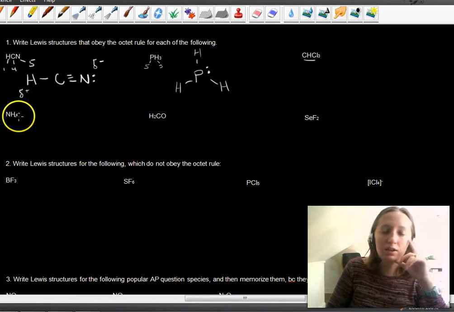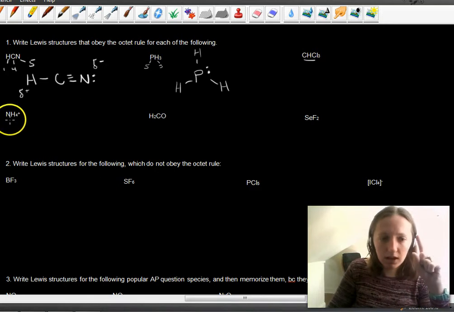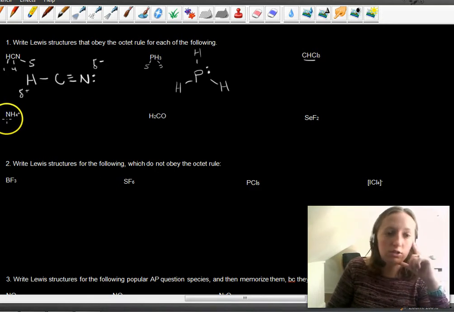The ammonium ion. Now this is interesting, and you need to understand this in order to account for your valence electrons. That's 5 and that's 4, but you have a plus charge overall, and so what you end up with is you had 9 but you lost 1, so we've got 8 valence electrons overall.